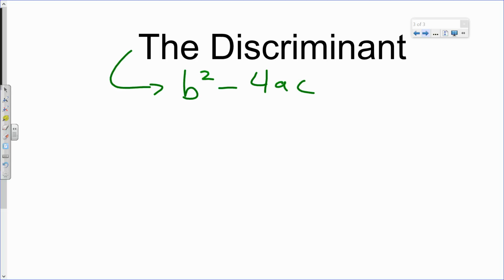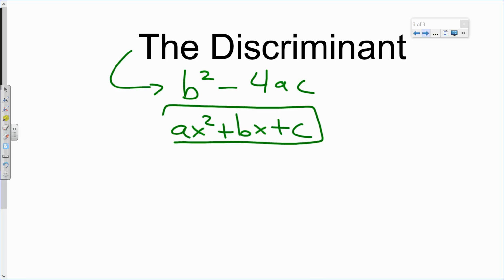the b and the a and the c come from the standard form of a trinomial. Remember, whenever we have trinomials, they're always in this form, ax squared plus bx plus c. That's where the a, b, and c come from. So on your notes, write standard form of a trinomial.